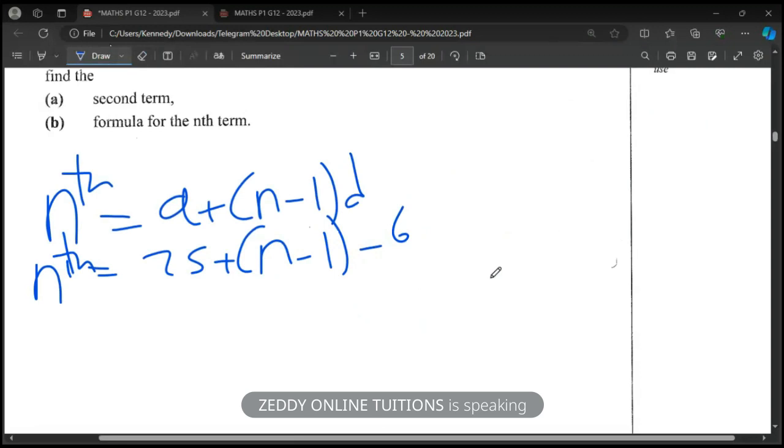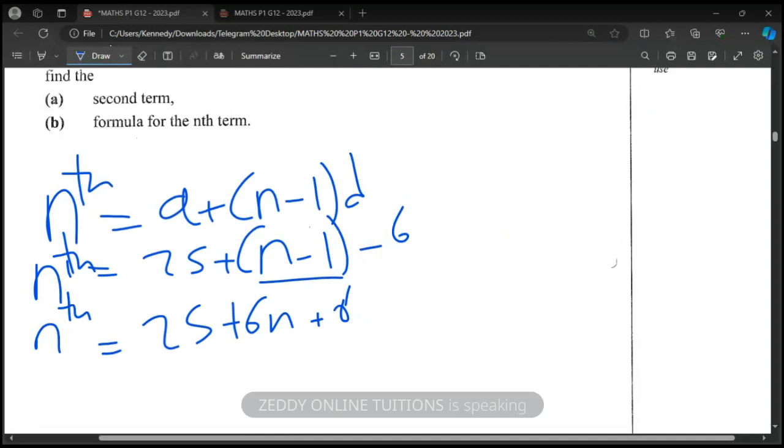So which means that the nth term will be 25 plus, let's now multiply this n minus 1 with the negative 6 outside there. So it will be 6n, right? Minus, it will be plus here, plus 6, right?